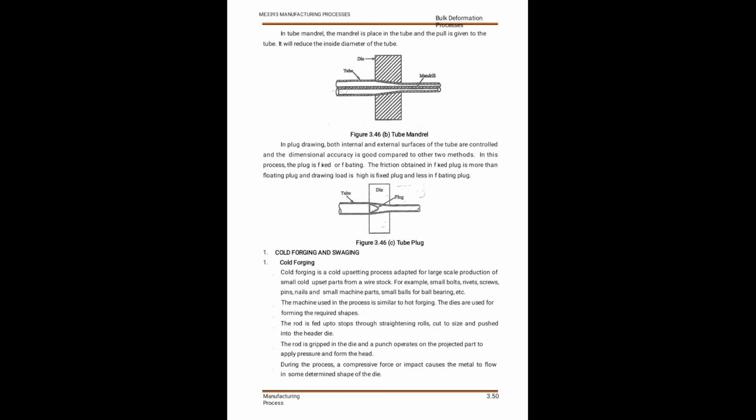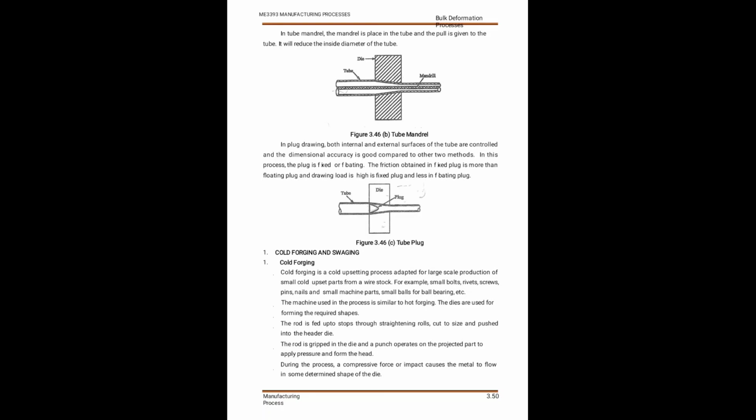Next, tube sinking with the help of a mandrel. The die is fixed with a long solid mandrel and the tube is moved towards the die opening while a pulling force is applied, so the tube's cross section is reduced and the internal diameter is controlled with the help of the mandrel.